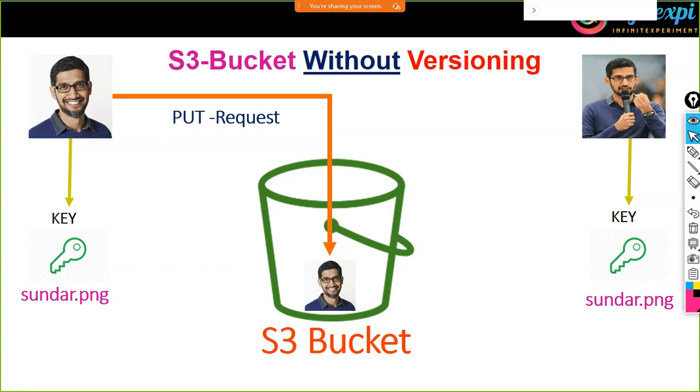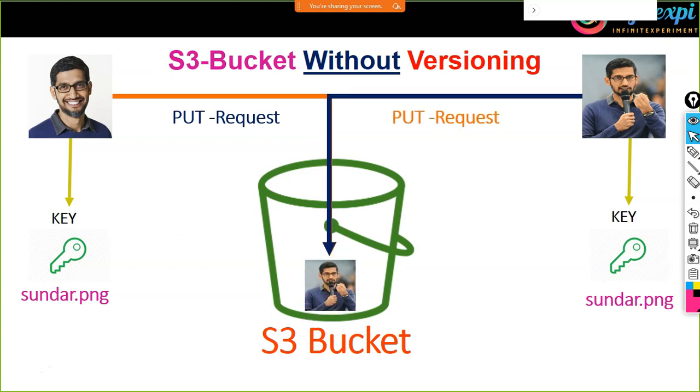Now this image is getting stored in the bucket. Then the second image comes up with the same key name, and if you're using the same put request, the previous image is replaced by the new image, overriding it. So the previous image no longer exists in the bucket. This is without versioning. Please note that I'm saying this is without versioning.